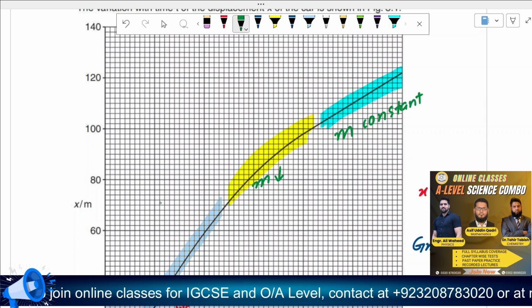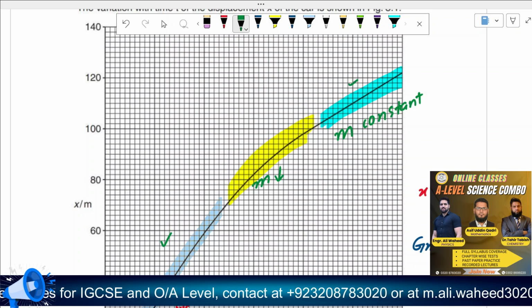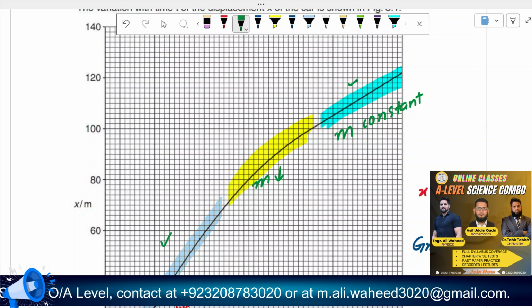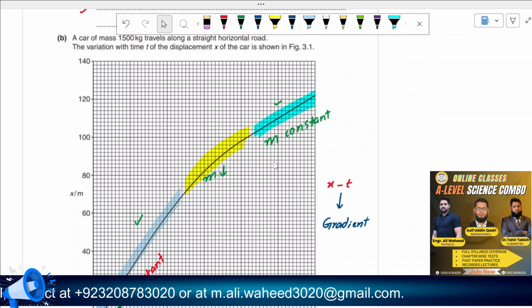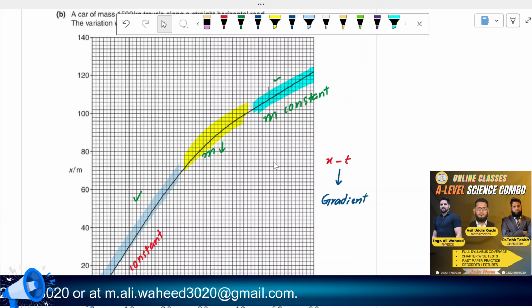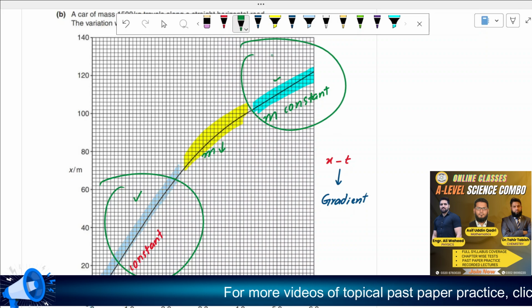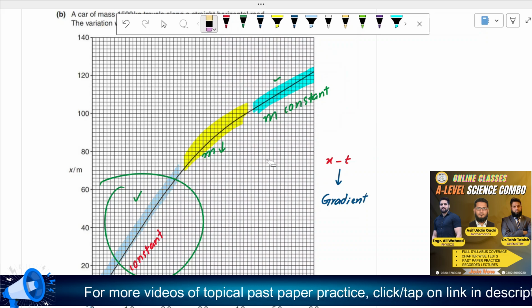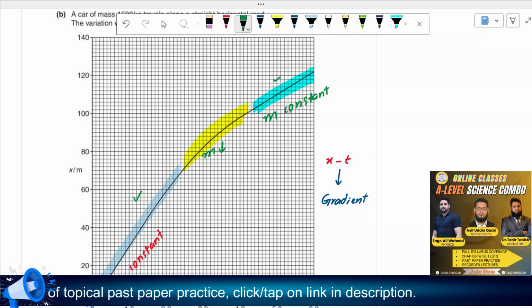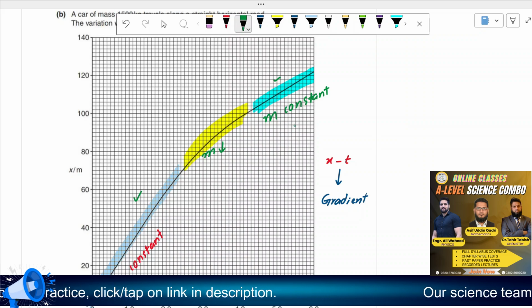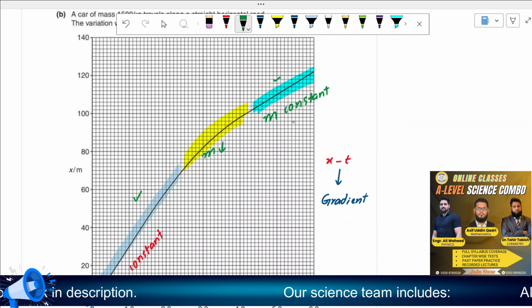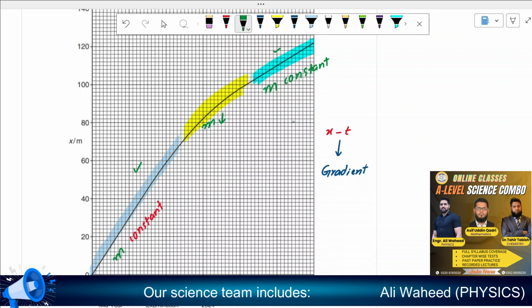But since at 2 stages we have the constant gradient, you'll have to compare the magnitude of these two gradients. Like at what stage the gradient is greater? Is this constant gradient greater than the last one? The answer is yes, because initially the line is steeper. So towards the end, the gradient is constant, but that would be less than the initial constant gradient.